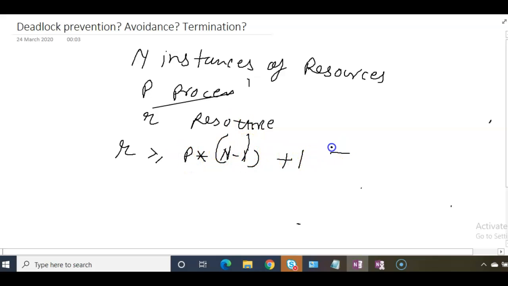So if this condition holds, then no deadlock.